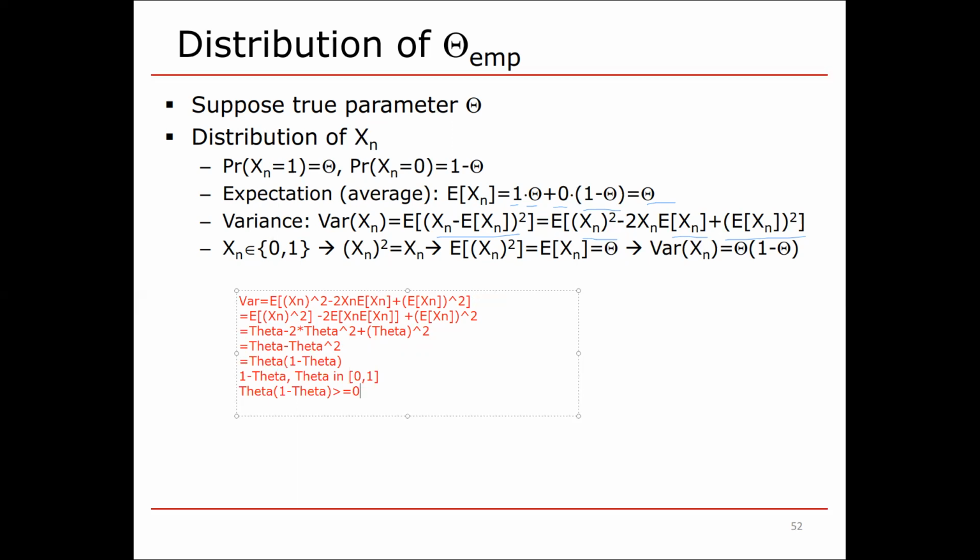If you think about it later, you can evaluate that the maximal value of this product occurs when theta is equal to half, and at that time the product is equal to a quarter. So bottom line, what we've shown here is that the variance is equal to theta times 1 minus theta.